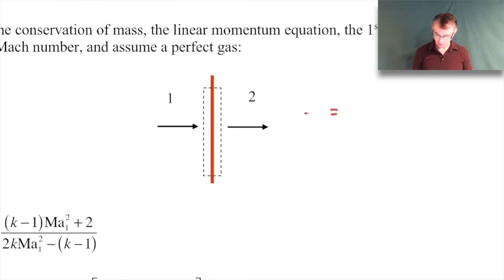So the first law looks something like this, and then we have the Q dot into the control volume, right? And then there's a work done on the control volume.